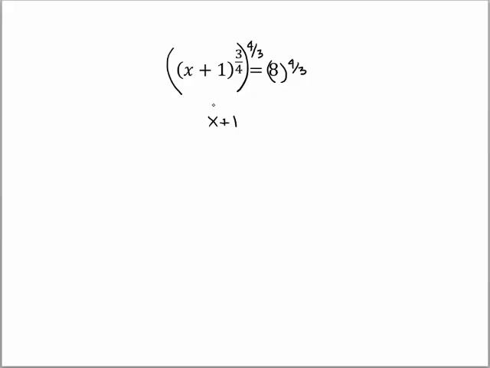That simplified out very nicely. But what is 8 raised to the 4/3? You can put that into your calculator and you'll see that 8 raised to the 4/3 would be 16. Therefore, x equals 15.